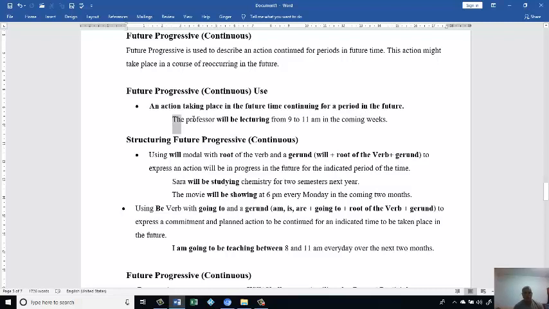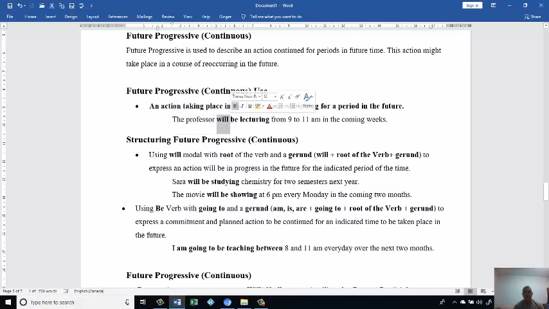The professor will be lecturing from 9 to 11 a.m. in the coming weeks. You see here, "coming weeks" tells me the future. If we look here, we have the subject, then we have "will."